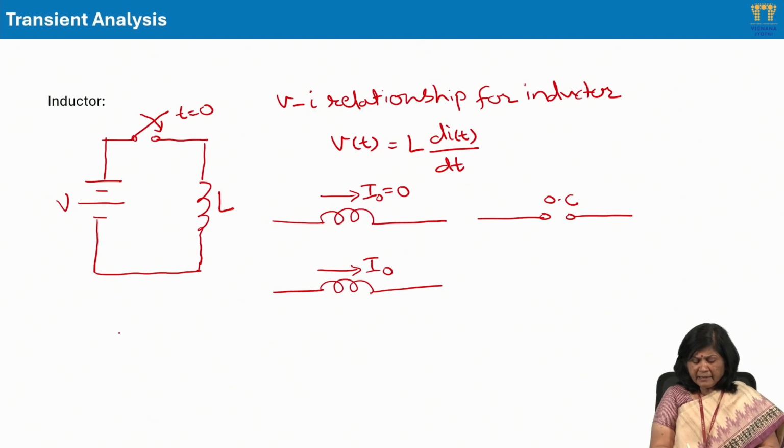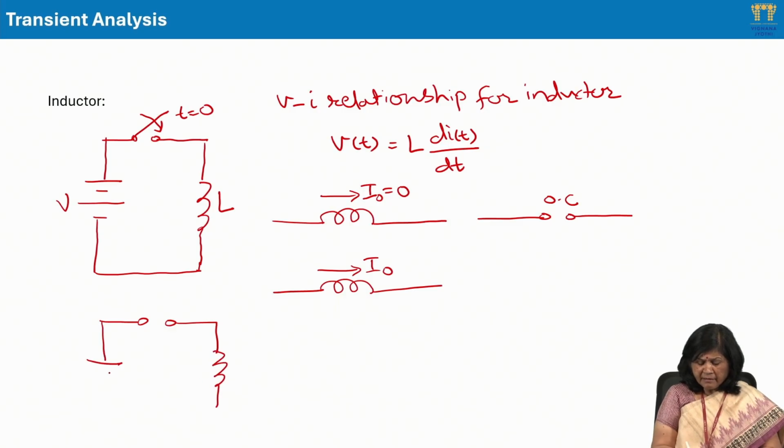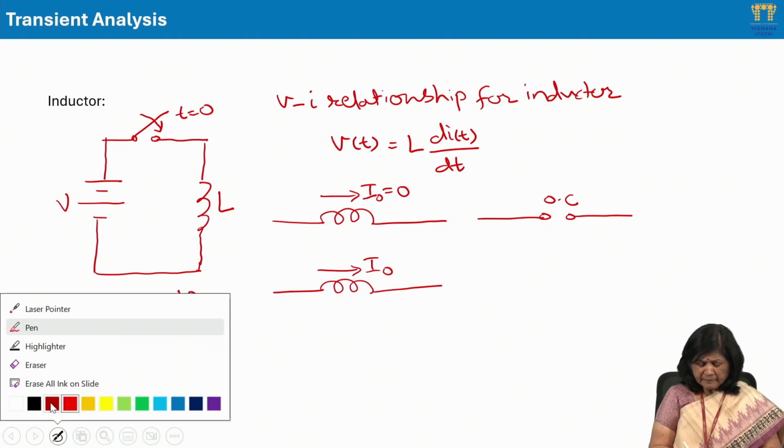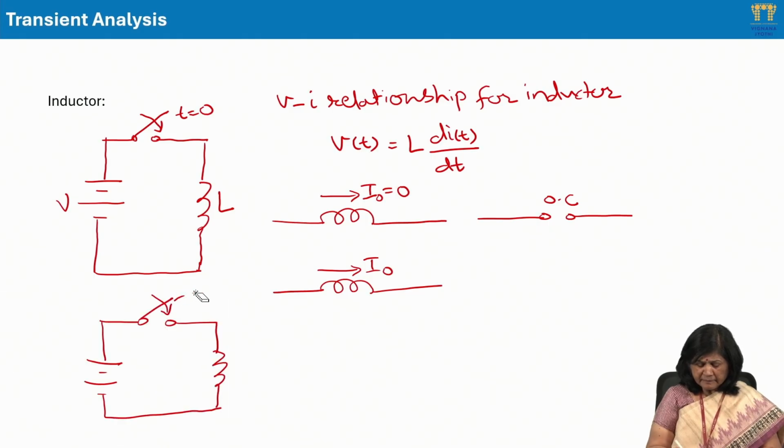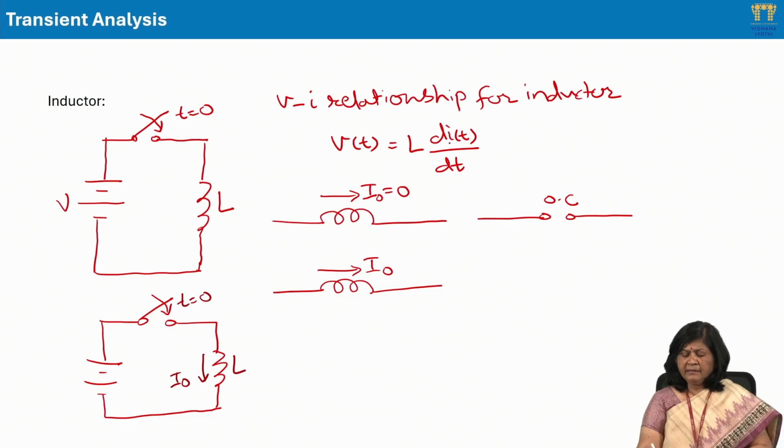So if my inductor is having some current before the switching operation, and at t equal to 0 the switch is closed, again this is not possible.